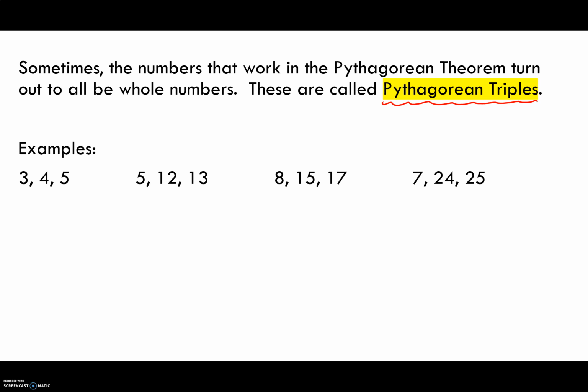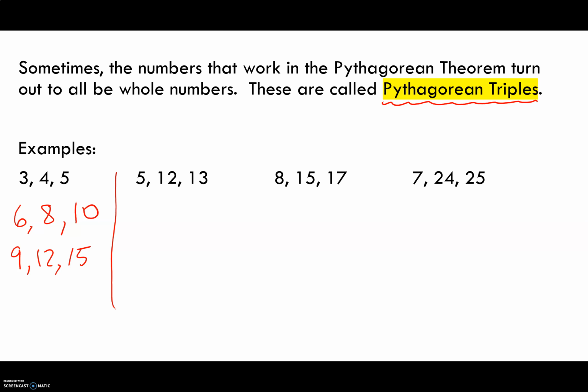The cool thing about these Pythagorean triples too is that they come in any scaled factor. So for instance, if you have a triangle 3, 4, and 5, you could double all of those lengths, and you could guarantee that a right triangle could also have a 6, an 8, and a 10, with the 10 being the hypotenuse. Or you could triple them and have a 9, 12, 15.